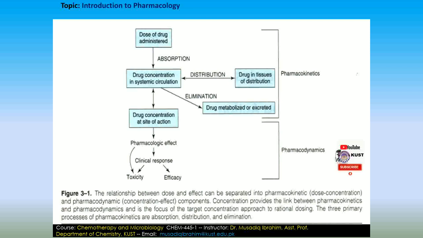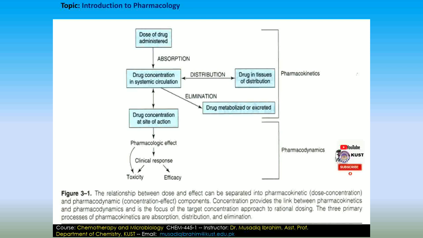Systemic circulation means the concentration of the drug within the circulatory system, within the blood. And from there, the distribution factor comes in. The drug is being distributed into the tissues, and another part is the drug being metabolized or excreted.